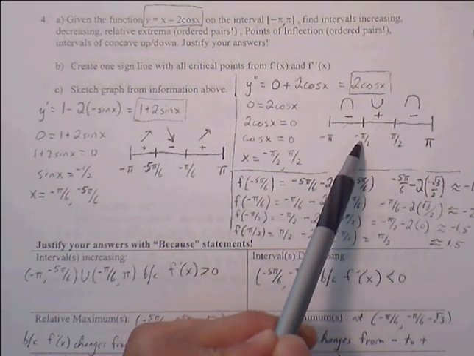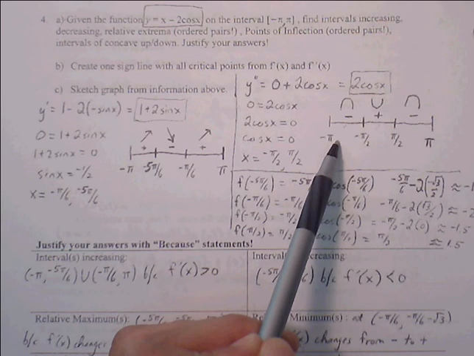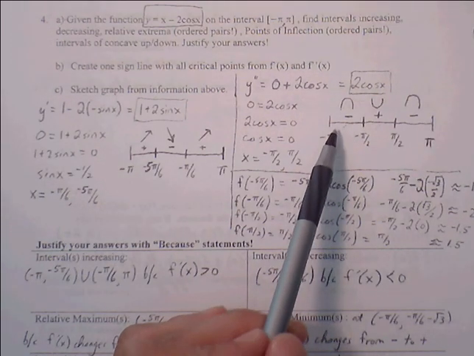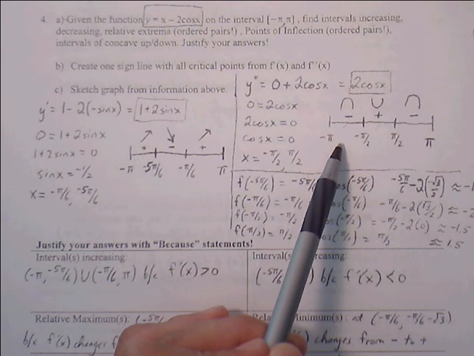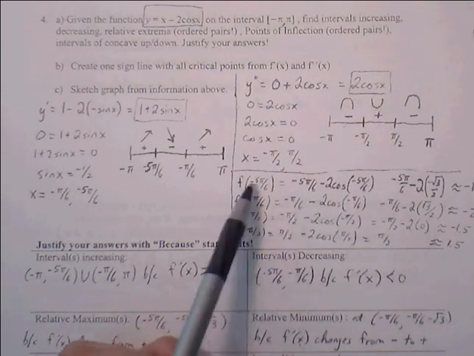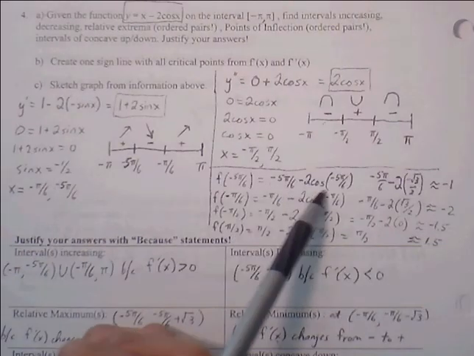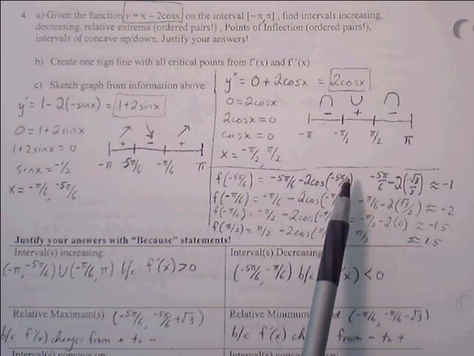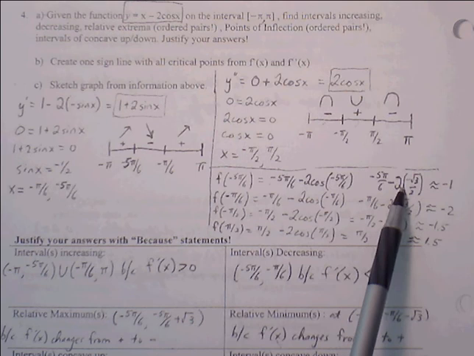And here, between negative pi over 2 and negative pi, we can choose, for instance, negative 5 pi over 6. If we plug that in, we're going to get a negative value, negative 5 pi over 6 plus root 3.